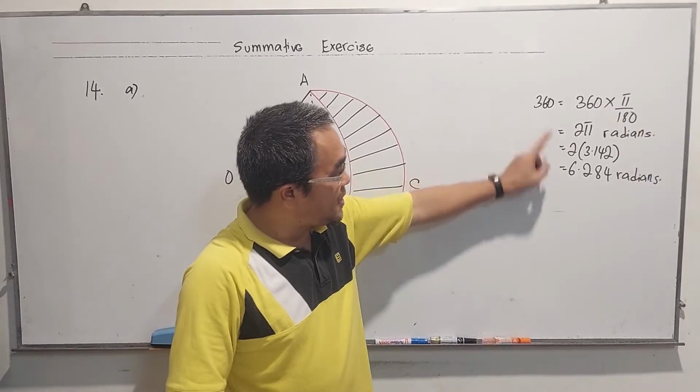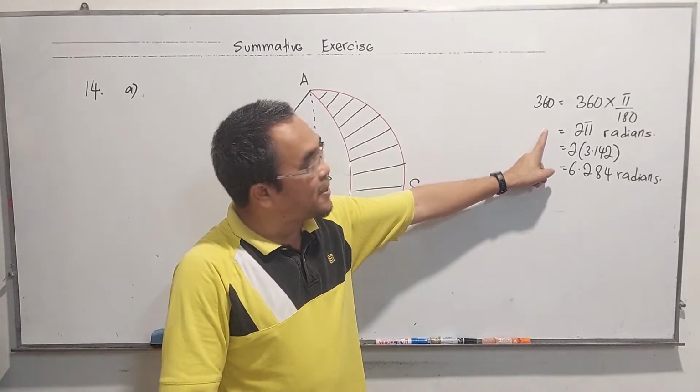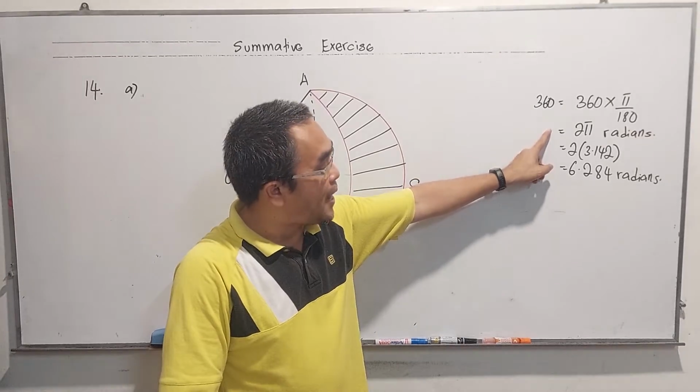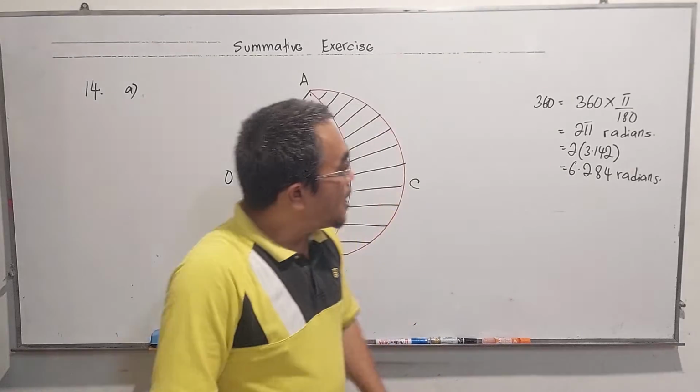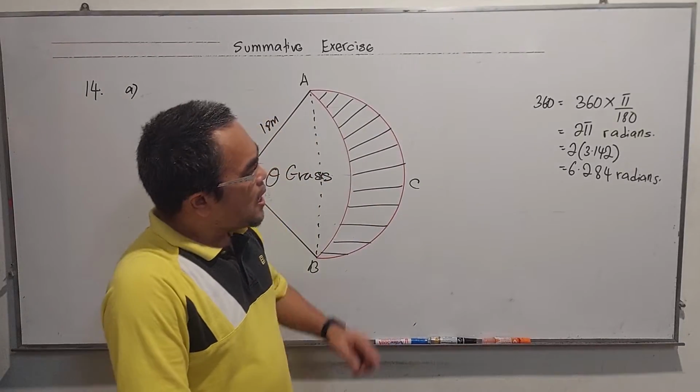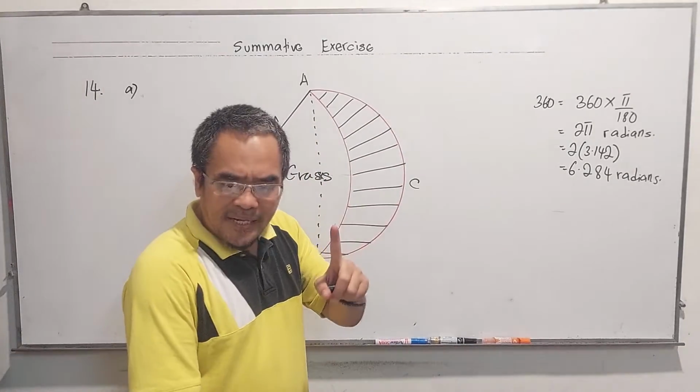You have to memorize both of them, because sometimes they use the word pi, and sometimes you have to use the number. Right. So what is 1 radian?